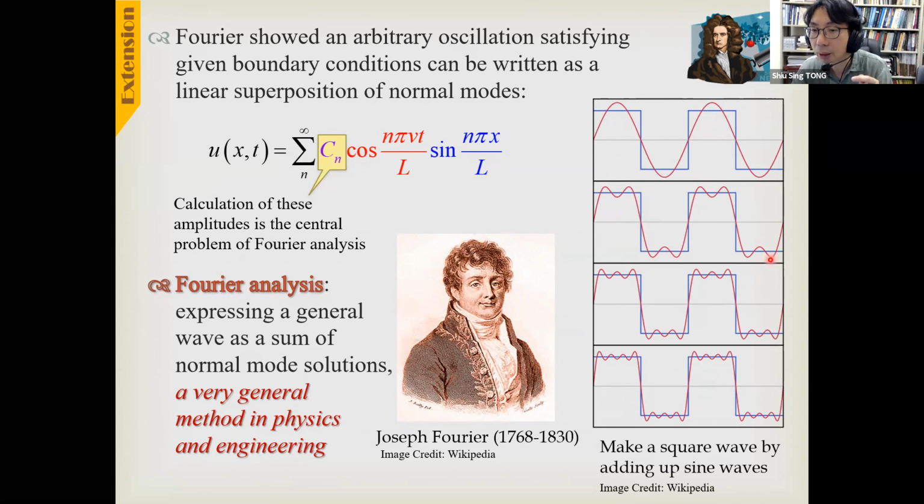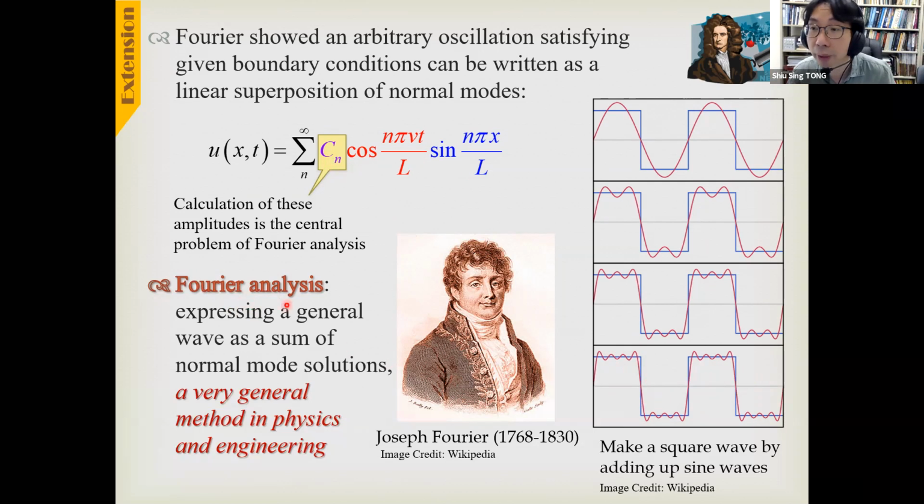And you can do better by adding more higher frequency, shorter wavelength modes. Here we only have 4 terms, and the addition of 4 terms is already getting very close to the square wave. If you add infinitely many terms with suitably chosen Cn, then you can exactly produce this square wave using an infinite series of the normal mode solution.